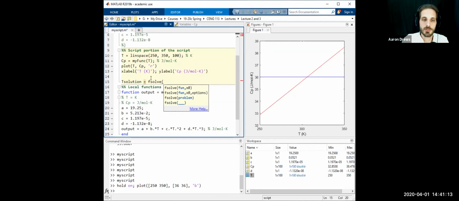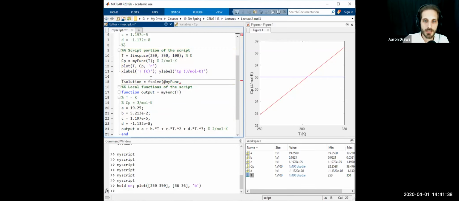If I leave that parenthesis open, it's asking me for the next few inputs to fsolve. I don't know if you can see the pop-up through Zoom or not, but it's showing me what the syntax is because I've left that parenthesis open. It's asking me for the function handle to the function I want, which I called my func, and it's asking for an initial guess.